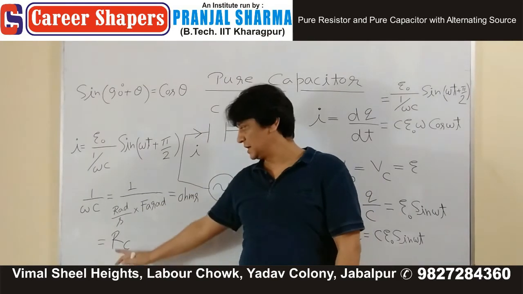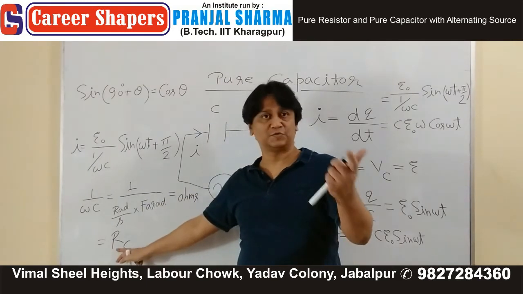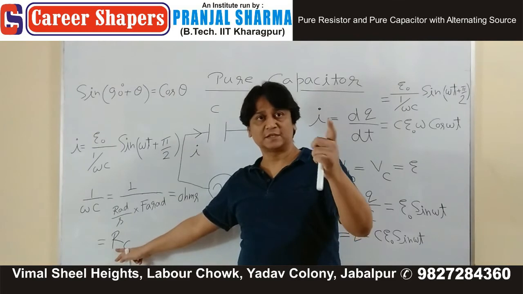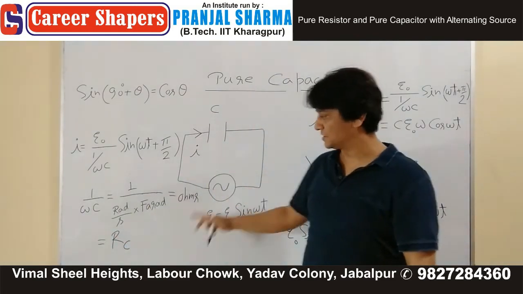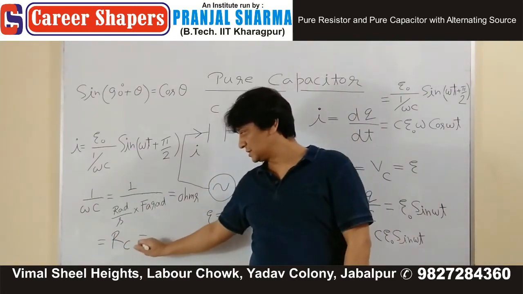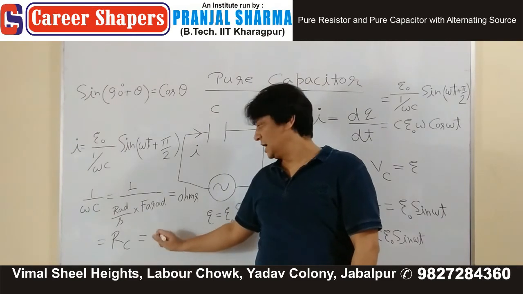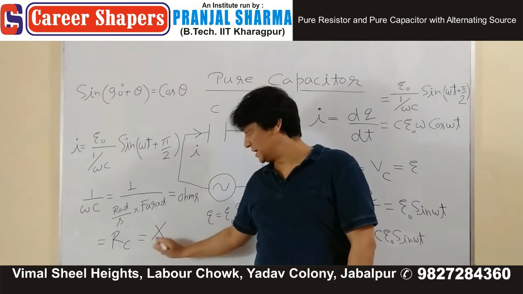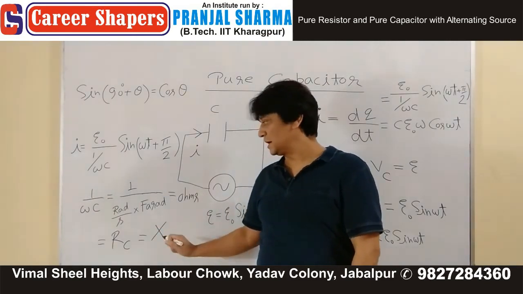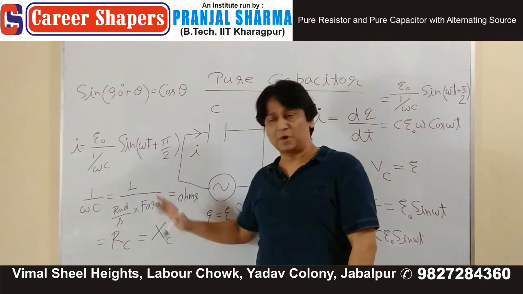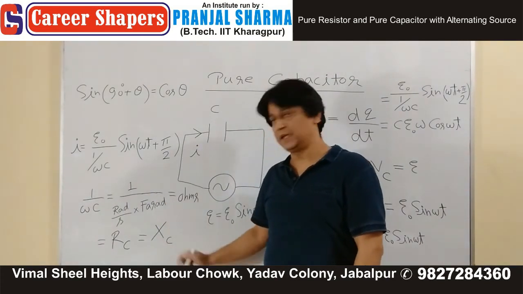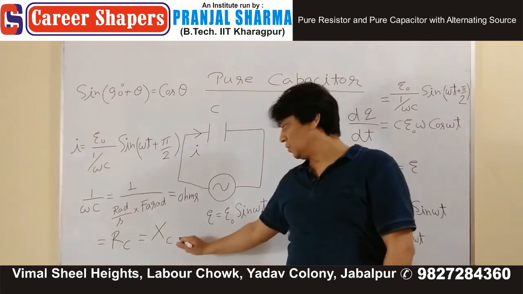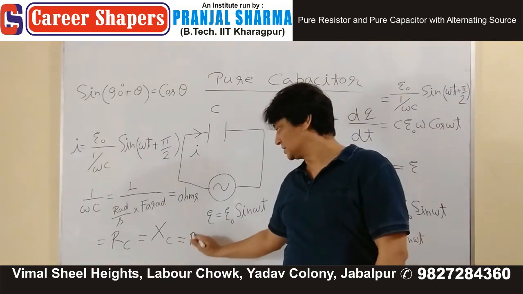That means it is offering us resistance, and the resistance is being offered by the capacitor. This is represented not with the help of R but with the help of XC, which is called reactance of the capacitor.